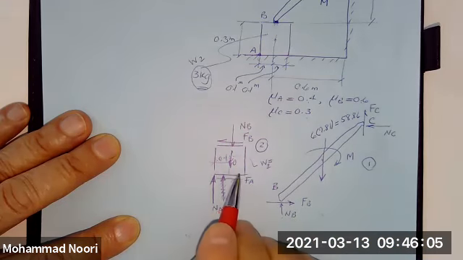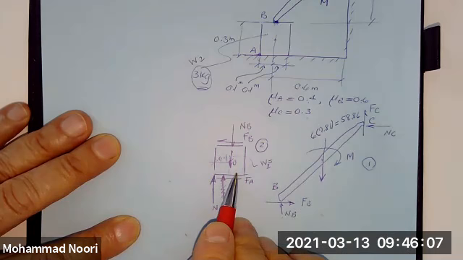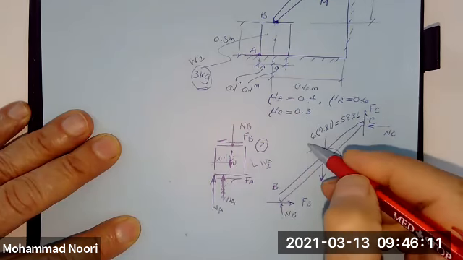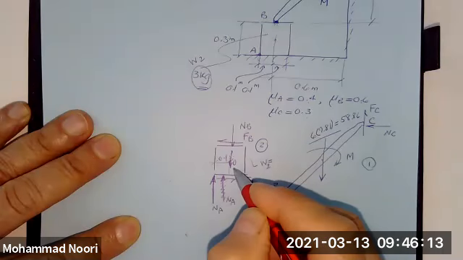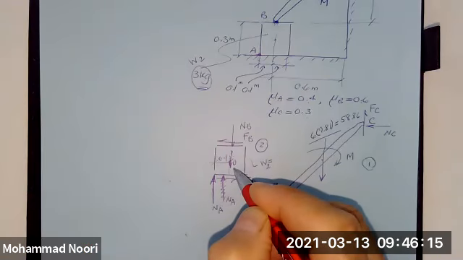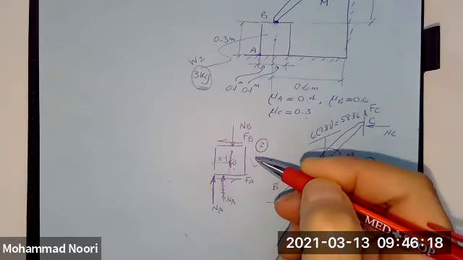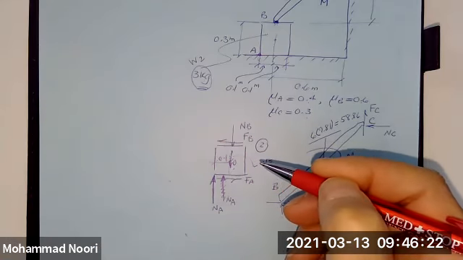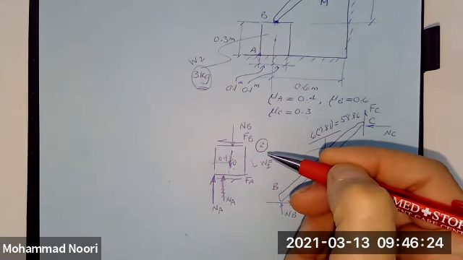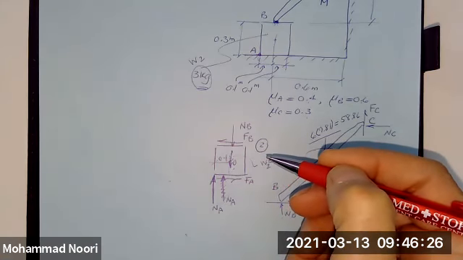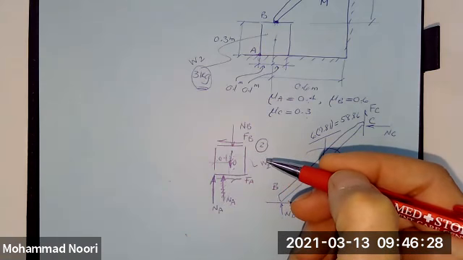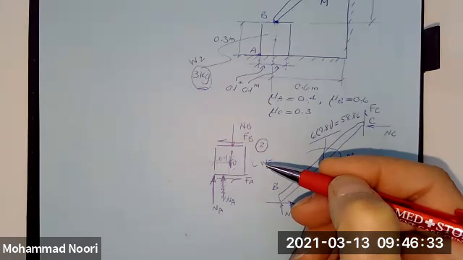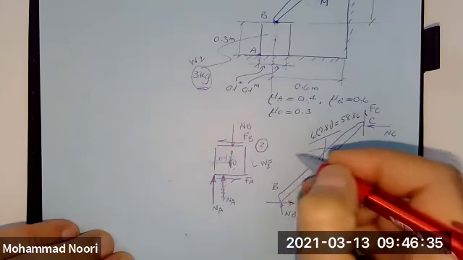How about the block? Block also has a weight, and the weight of the rod is given as 6 kilogram. Weight of this block is also given. The weight of the block is given to be 6 kilogram, and this one is 3 kilogram.